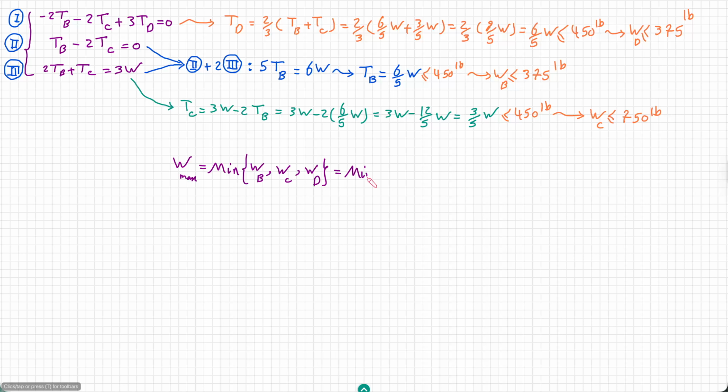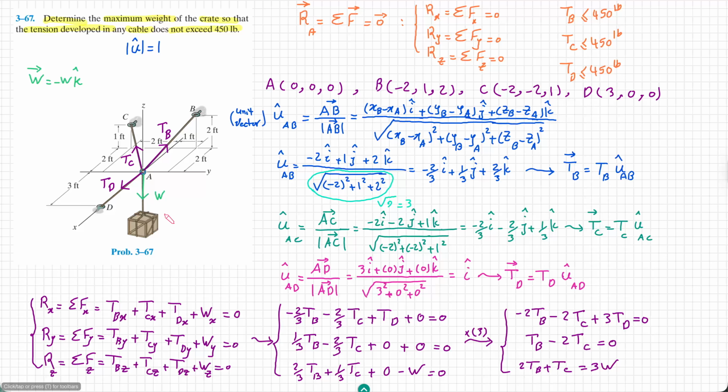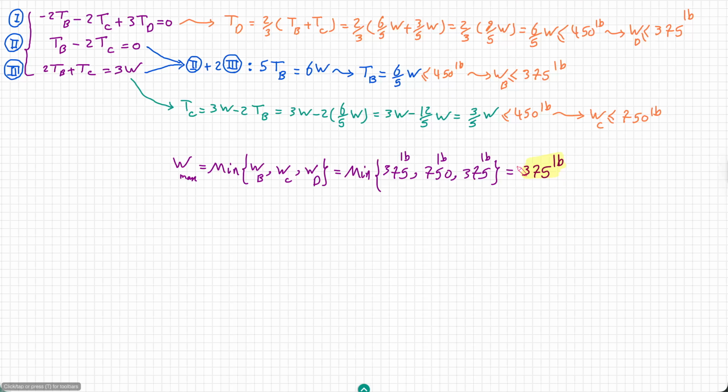That means WB is 375, WC 750, and WD is the same, 375, all in pounds. The minimum is 375 pounds. So it is the maximum weight that this crate can have, so that the tension developed in any cable does not exceed 450 pounds, and it is the final answer.